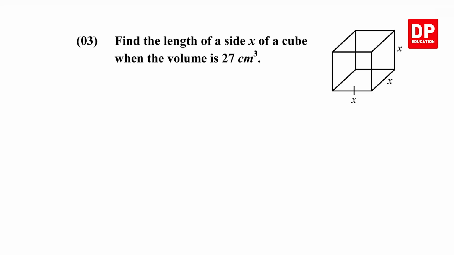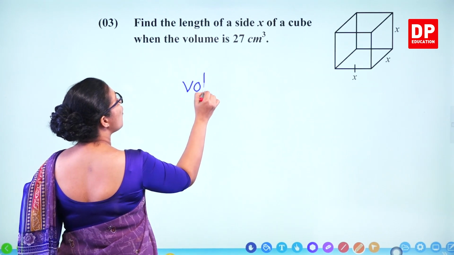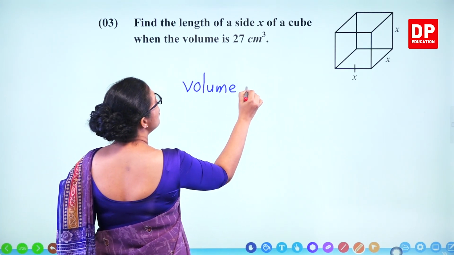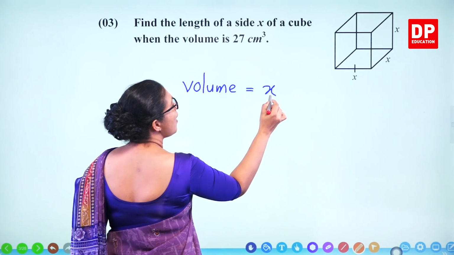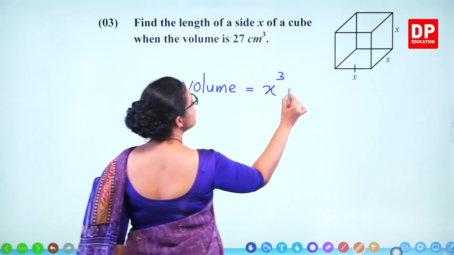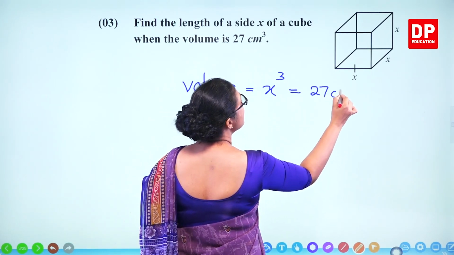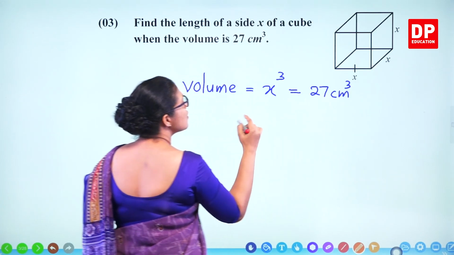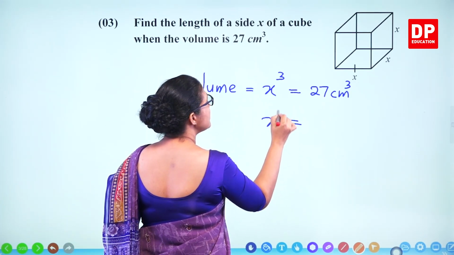Question number 3. Find the length of side x of a cube when the volume is 27 cubic centimeters. Volume is equal to x into x into x, x to the power 3. That's given as 27 cubic centimeters. So how can you write 27?